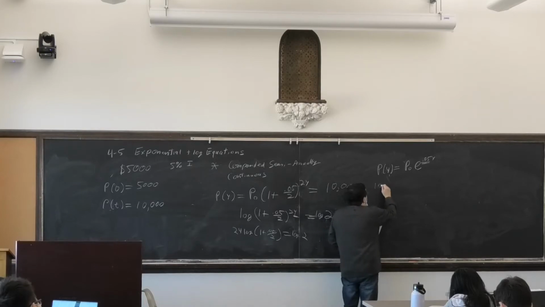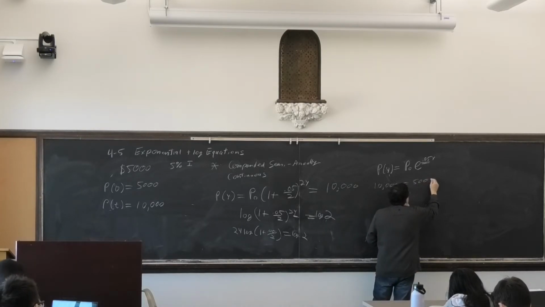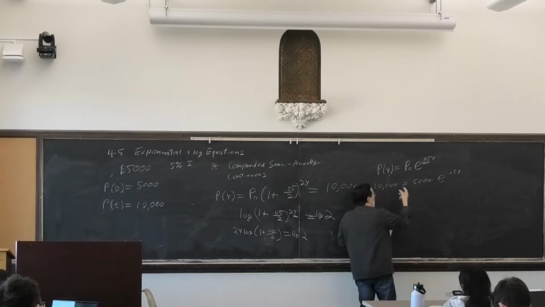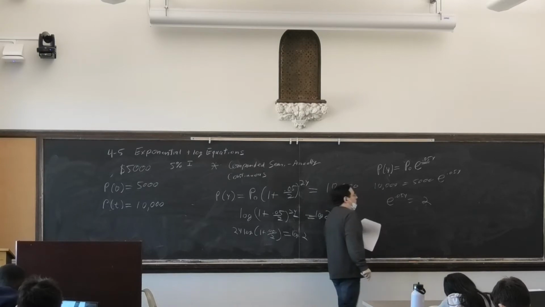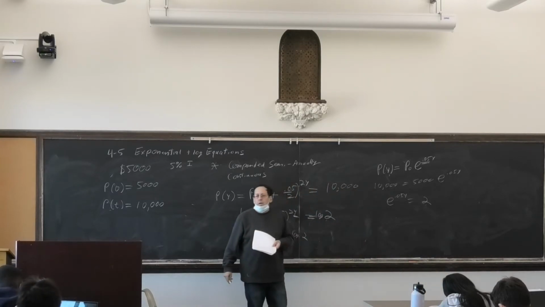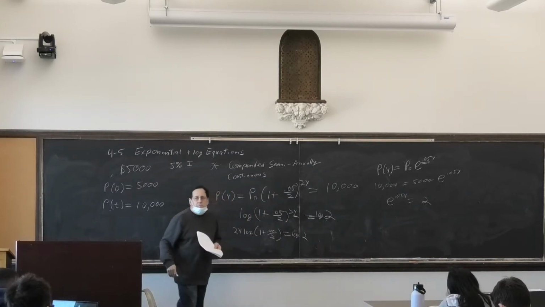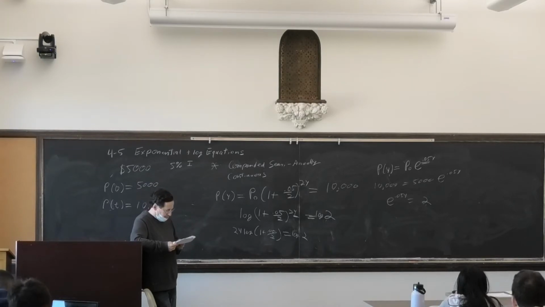So again, we have 10,000 here, 5,000 here, and we're just trying to find e to the 0.05y equals 2. And how would we get a little further? This is your money here, right?